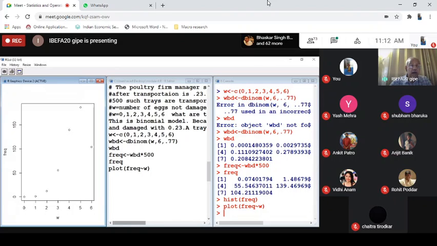All 6 are good, approximately 100. 5 are good, that means 1 damaged per tray is high.